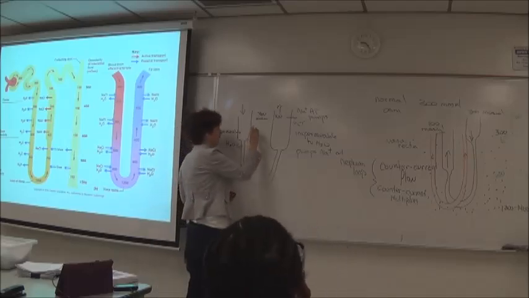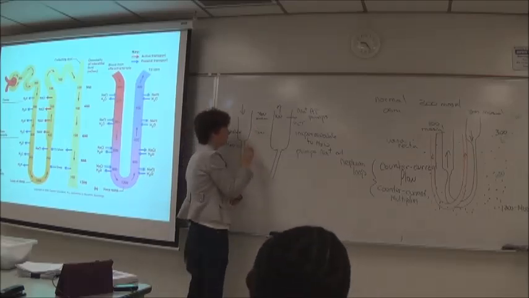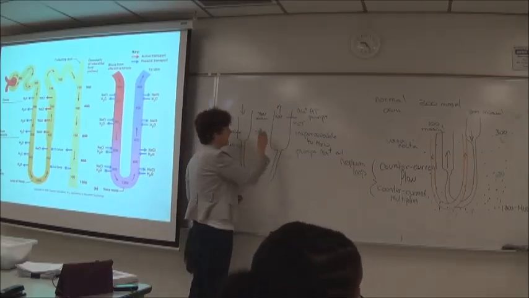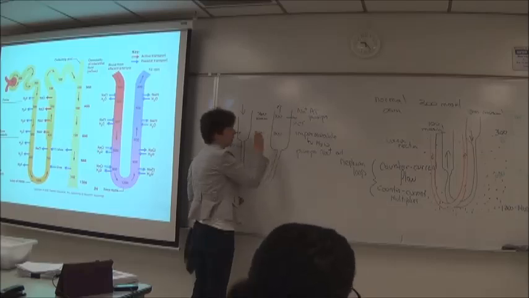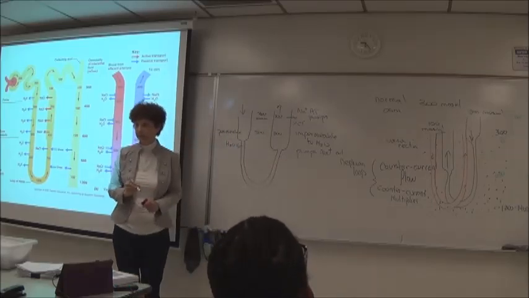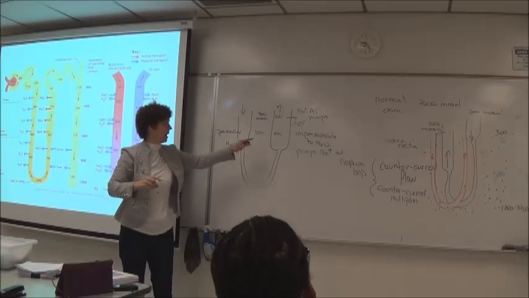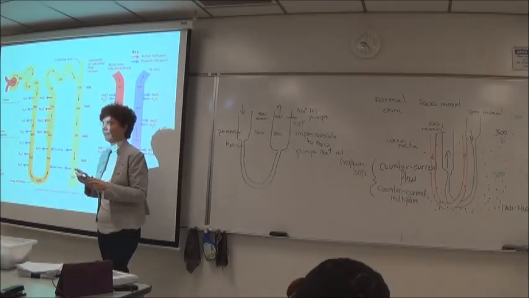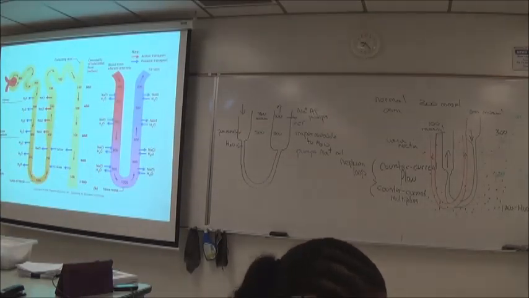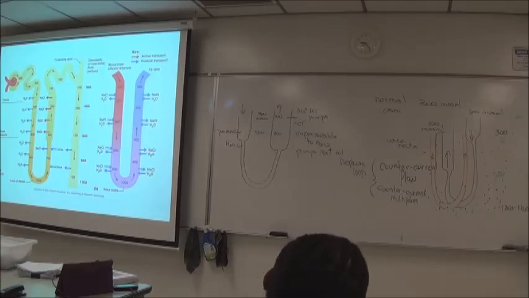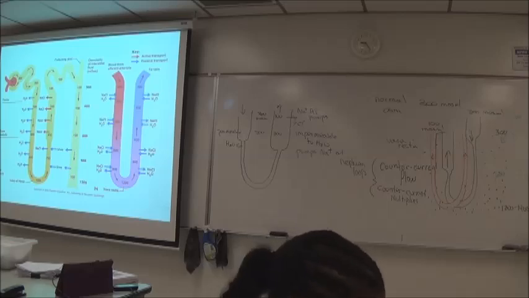If outside the filtrate we have 500 milliosmoles, the difference inside the filtrate that we can maintain is 300. We can't go 100 and 400. We don't have enough. That takes too much ATP. The cells aren't capable of maintaining that difference. So remember, the whole purpose here is to remove particles that we can add to the gradient.